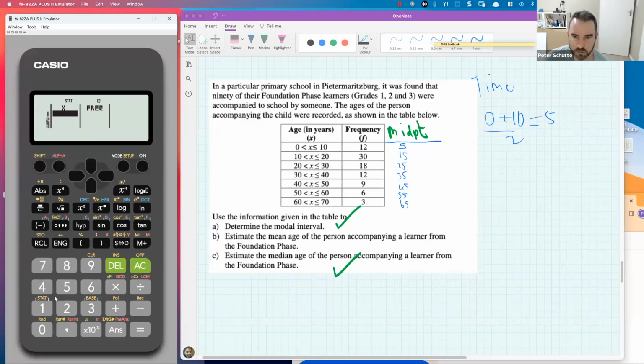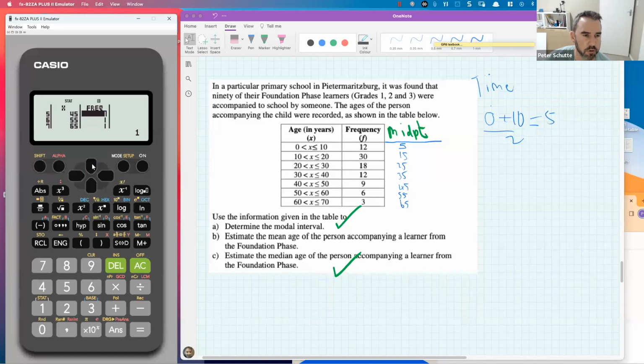Now the values I'm going to put in there are going to be 5, 15, 25, 35, 45, 55, 65. Okay, now that is not enough yet. So I've said equals.